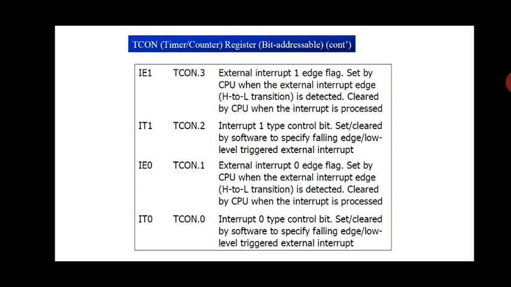Similarly IE0, the external interrupt 0 edge flag, is set by the CPU when an external interrupt edge from high to low transition is detected; otherwise it is cleared by the CPU. Similarly IT0 is set or cleared by software to specify falling edge or low level triggered interrupt. They are indicated with 1 and 0.